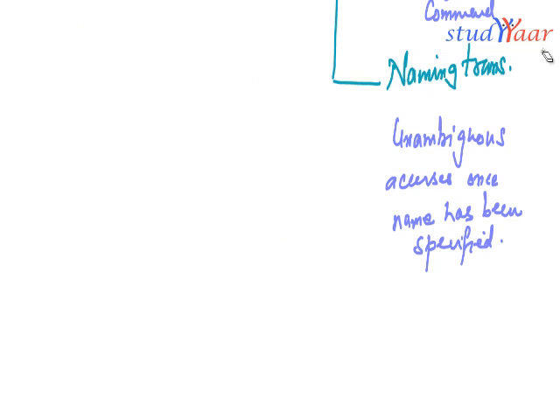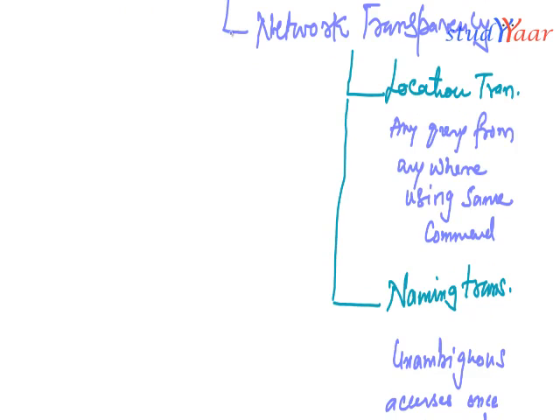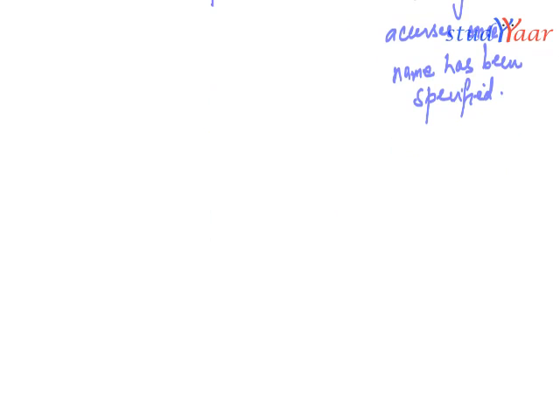Now the next transparency that we have over here is, I would just extend the line so that I maintain the order, replication transparency.